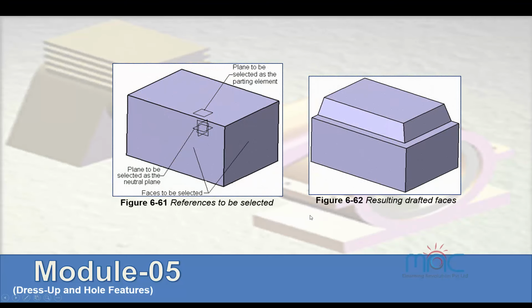Now in this particular reference, what we are trying to get is, with respect to a particular face, let us say these faces we are going to select, and a plane to be selected as the neutral plane. It is somewhere down, and a plane to be selected as the parting element. So this particular plane will be used as a parting, so that you can apply your concept here. I'll show you so that you can understand this.